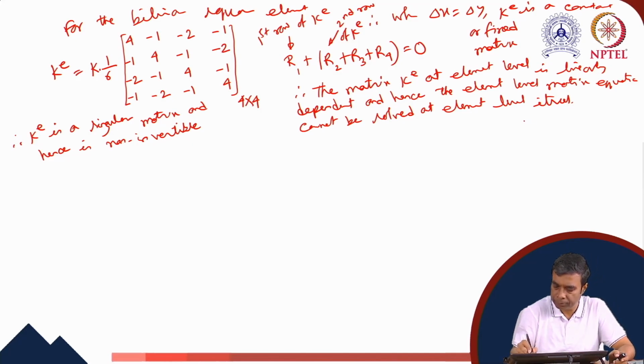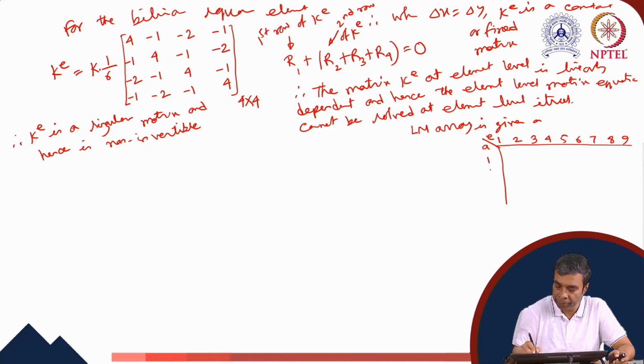So the LM array is given as, with NEE equal to 1, 2, 3, and 4.